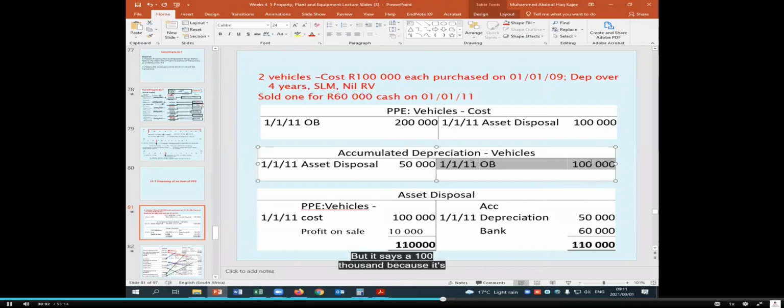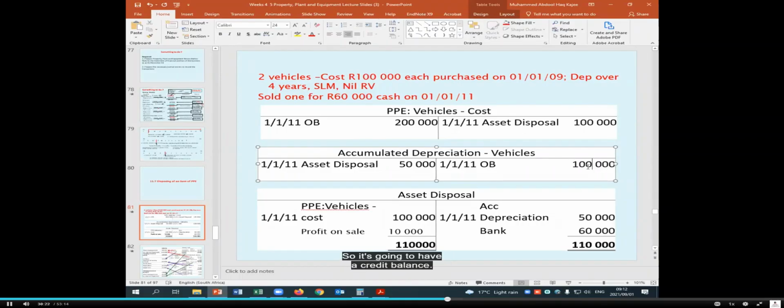Right. It says 100,000 because it's accumulated depreciation for 2 vehicles. So we are selling a vehicle. So we don't need this accumulated depreciation for this one vehicle to be sitting in here anymore. We need to remove it. Okay, so remember your accumulated depreciation is like sort of a negative asset account.